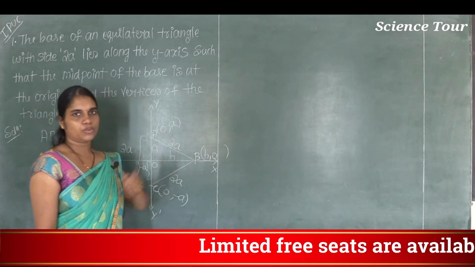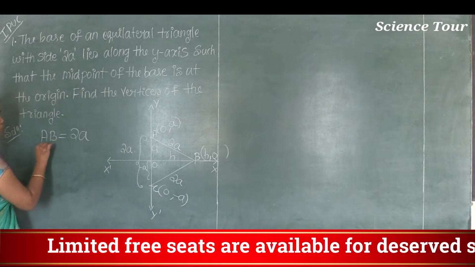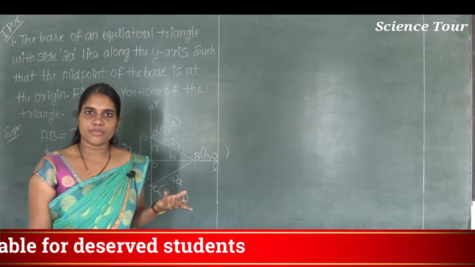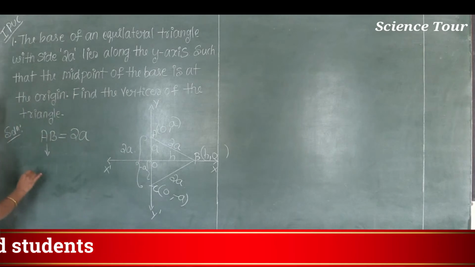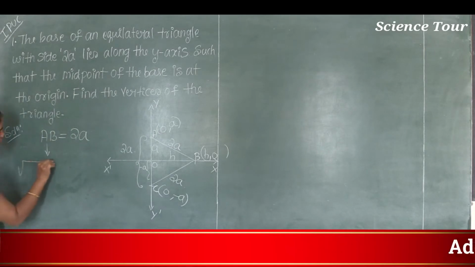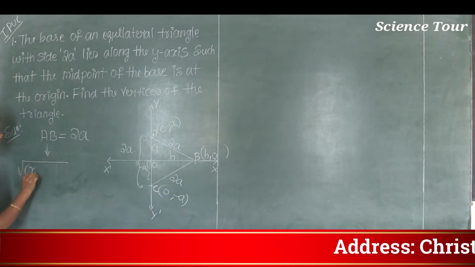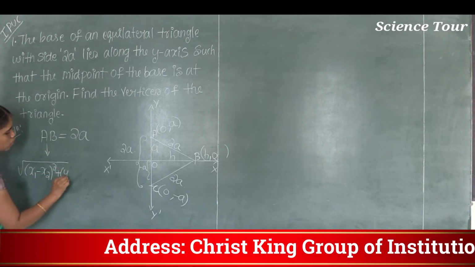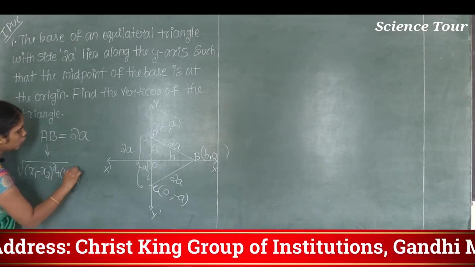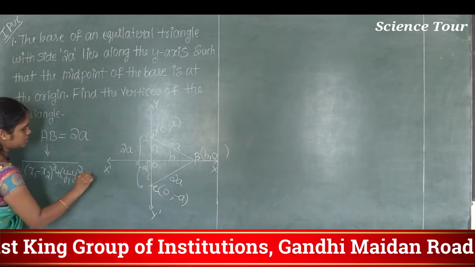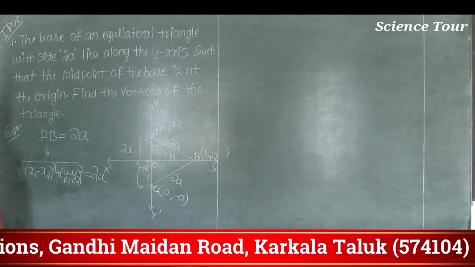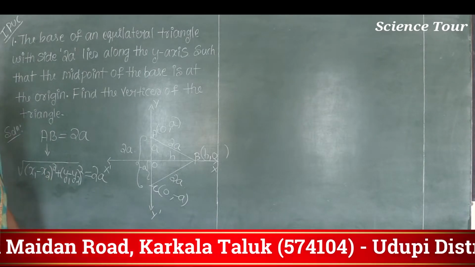AB length is equal to 2A. So normally how to find the length of AB? Can I use the distance formula? Yes. So I'll use the distance formula: the square root of x1 minus x2 whole square plus y1 minus y2 whole square. This is equal to the right hand side, write as it is, that is 2A. So now we'll simplify.